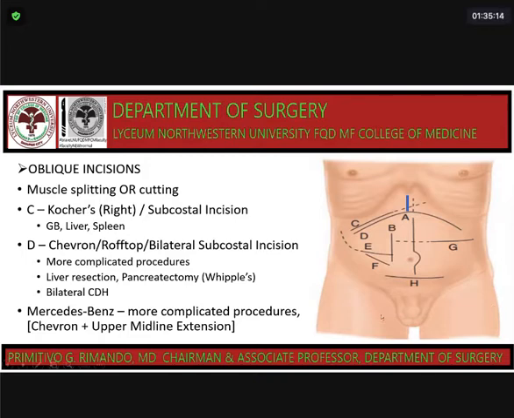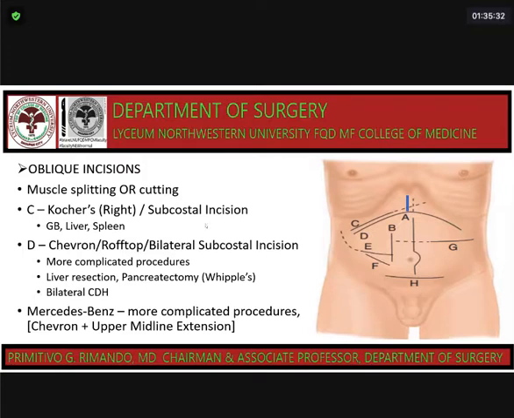And if you've already done your chevron and you still need additional exposure, then we have what we call this extension. At the top of the roof, you make a midline incision.